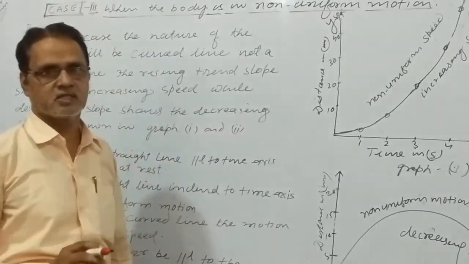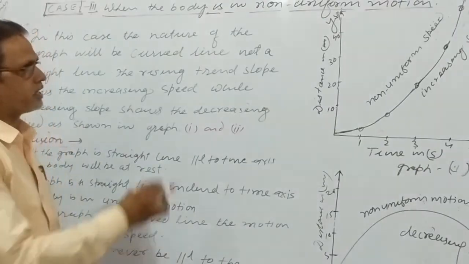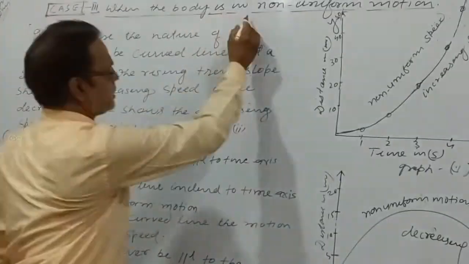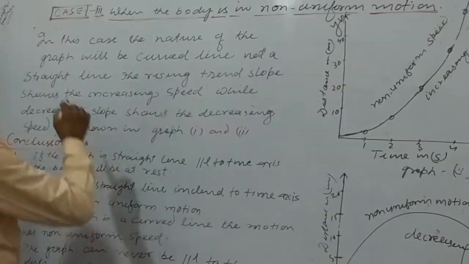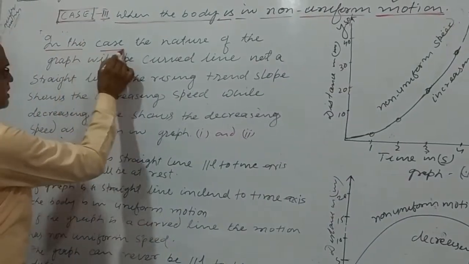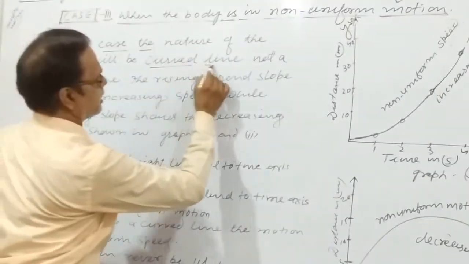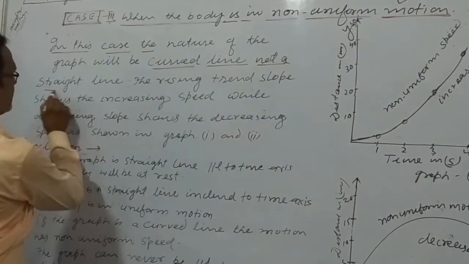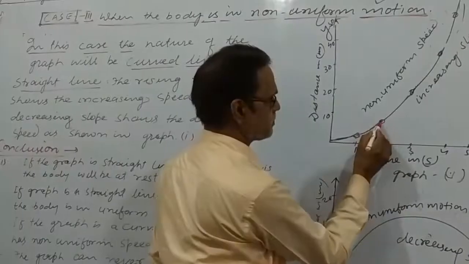And when the nature of the graph is curved, then that is non-uniform motion. So when the body is in non-uniform motion, in this case the nature of the graph will be a curved line, not a straight line.